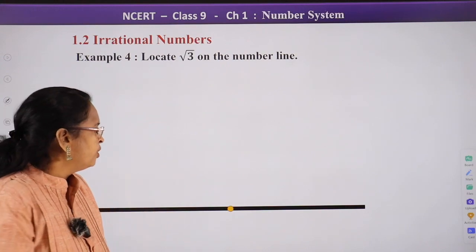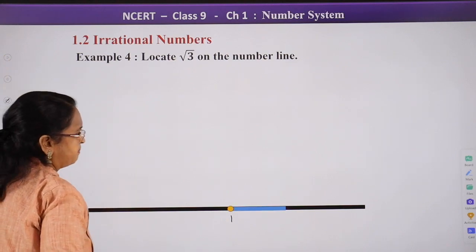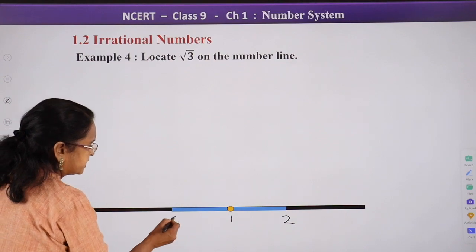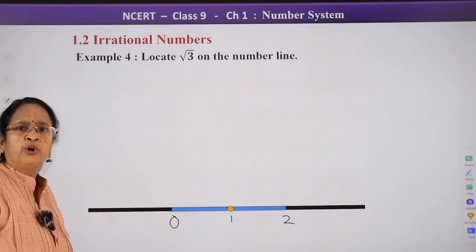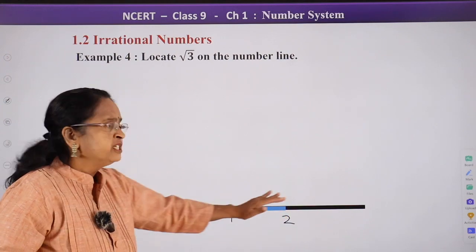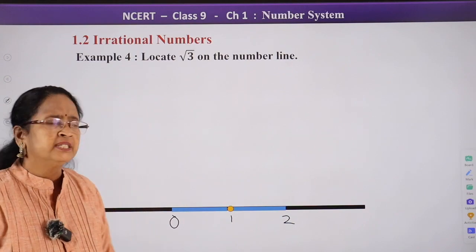So, this is 1. The next step, this is 2. The next, this is 0. So, we have located the numbers on the straight line. This is the first step which we have done.